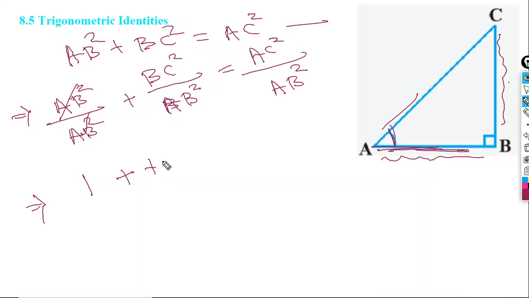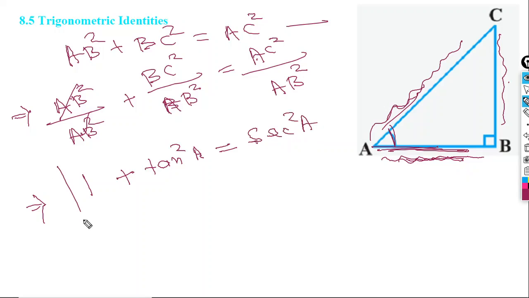So we can write tan square A equal to AC square by AB square. AC is the hypotenuse divided by AB, the adjacent side. What is it? It is sec square A.